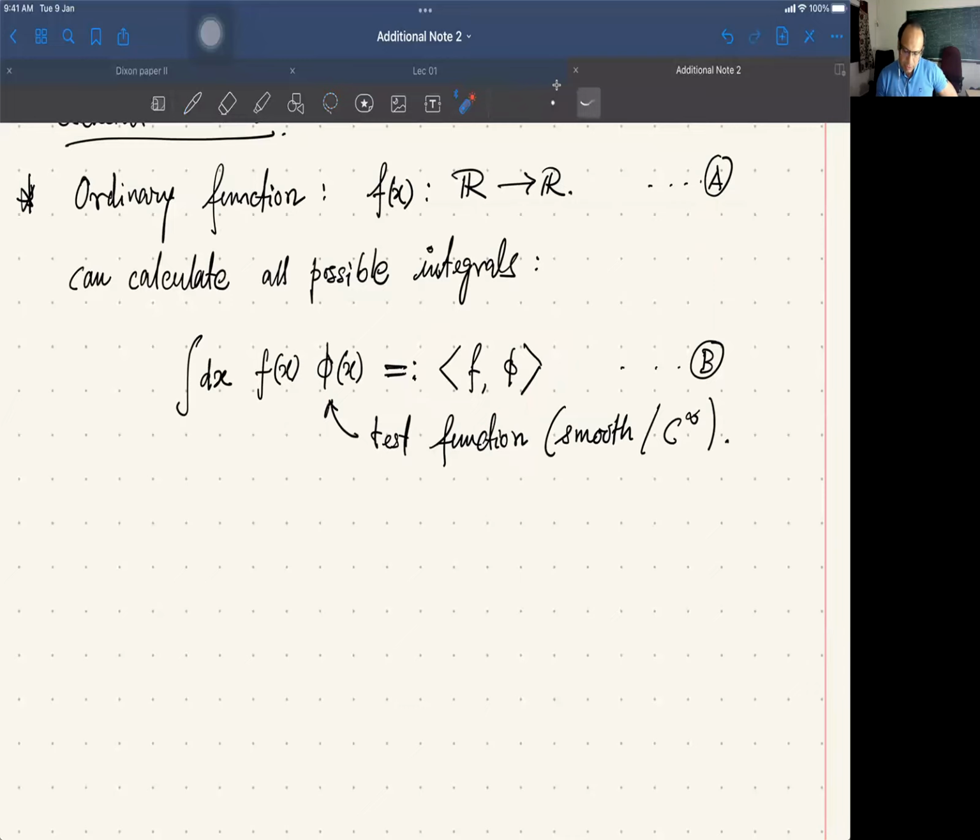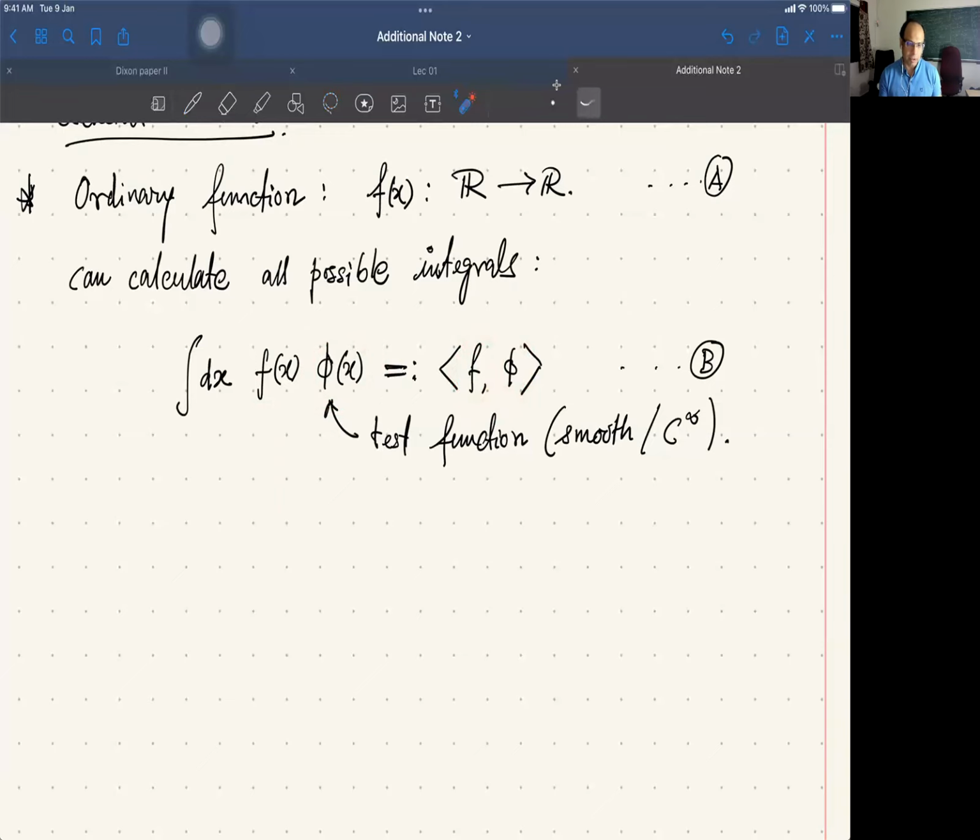You could also view this result as a function of phi. Phi is an argument, a test function. You are varying this test function and calculating this inner product for all possible values of phi. For each such argument, you are calculating f. So this B also allows you to view f as a function over the space of test functions.